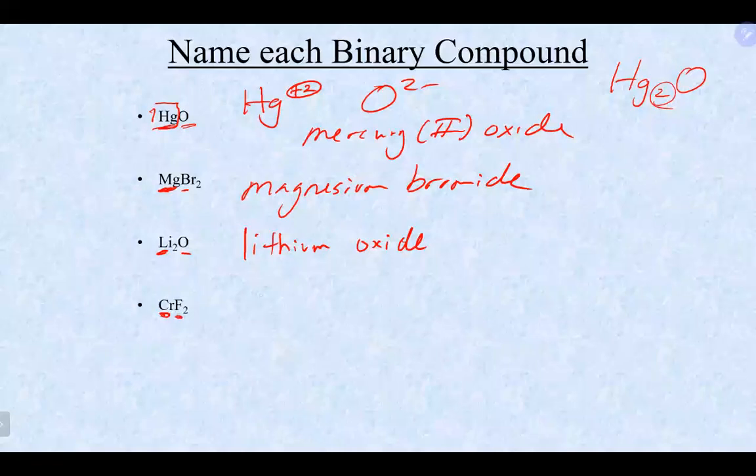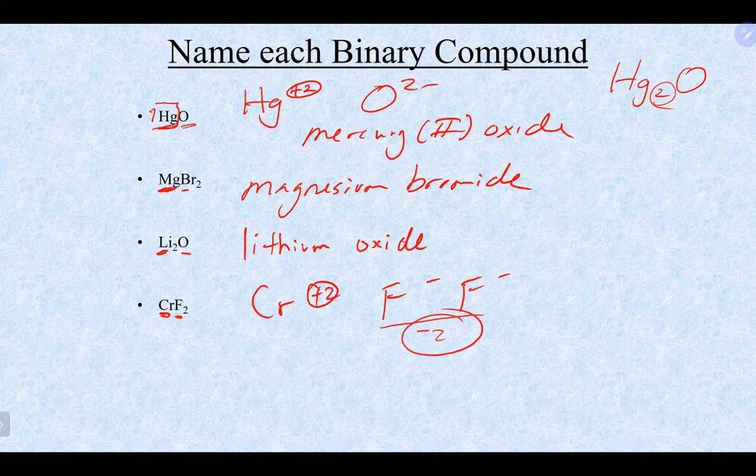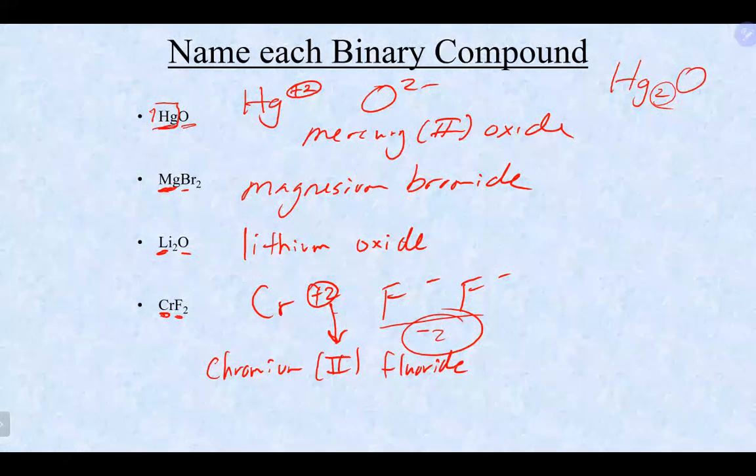So once again, we'll do our quick little figure out the charge. Here our F is group 7, so it's -1 each. And there are 2 of them, which gives you a -2. So that is a +2 there to balance it out. And that would be the whole name here. So that is chromium, Roman numeral 2 for the charge. And again, even though we have multiples of the F's, it does not affect the name, no prefix or anything like that.